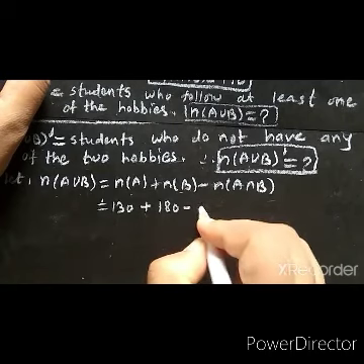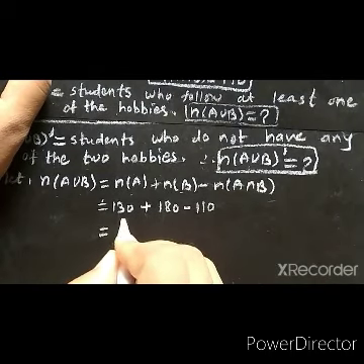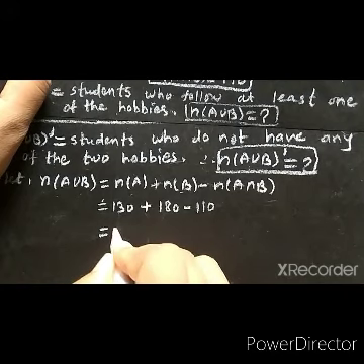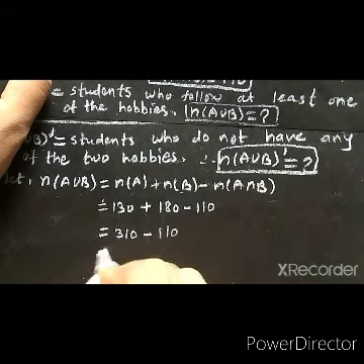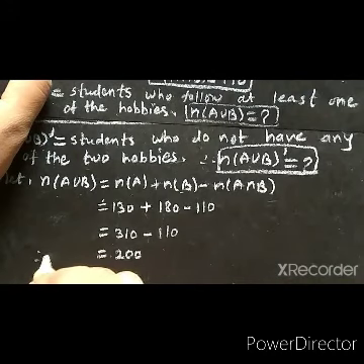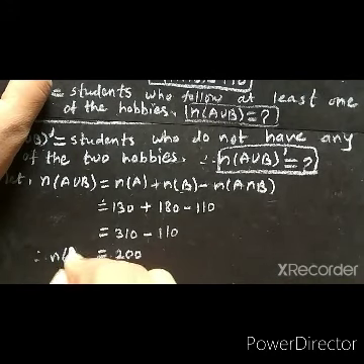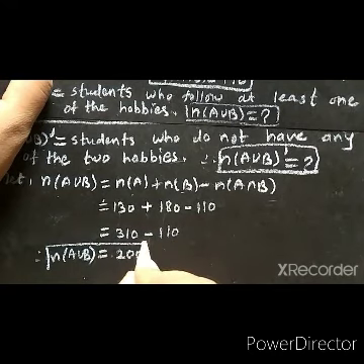And n of A intersection B, that is 110. So here 130 plus 180, that is we got 310, minus 110, that is total 200. Therefore here we got n of A union B is equal to 200.